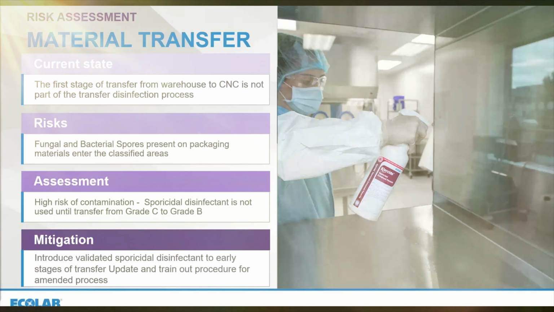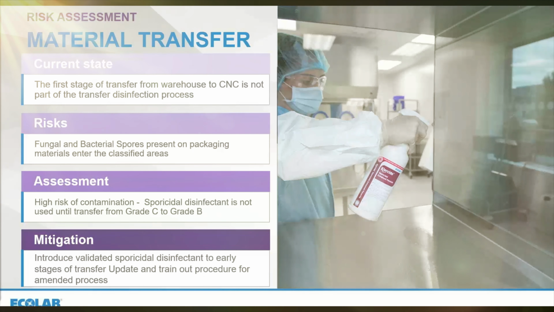So from a disinfection point of view, your contamination sources potentially would be fungal and bacterial spores. So we need to think about how you're going to address those potential risks, so you're not bringing those through as you enter the classified areas. So making sure that you mitigate those risks early on in the process. The likelihood of those being there is quite high. It's a completely uncontrolled area. So risk assessment wise, it's quite a high risk that contamination is present.